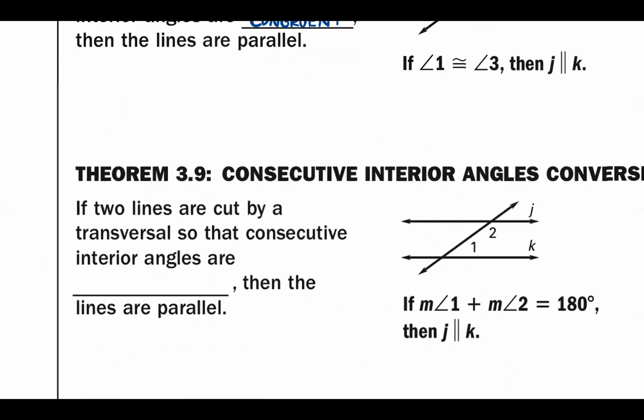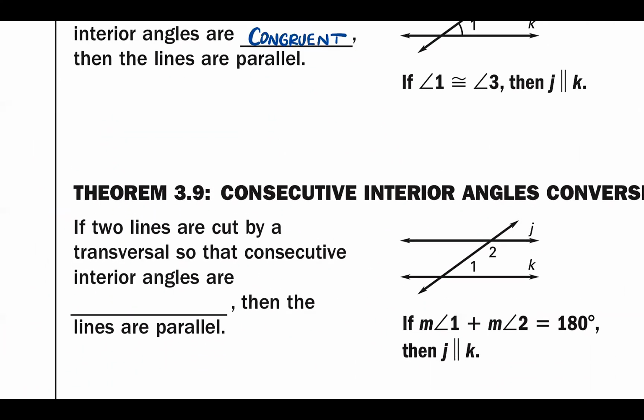Consecutive interior. What was our other name for consecutive interior? They are supplementary. Same side interior. Two lines cut by a transversal. Consecutive interior angles are what?